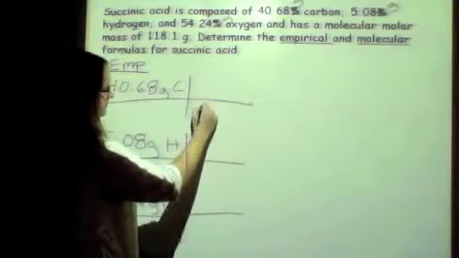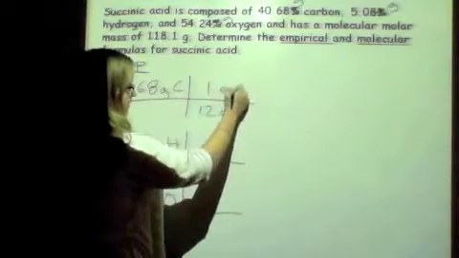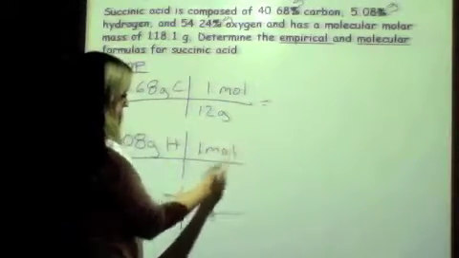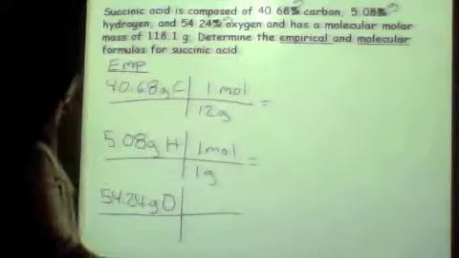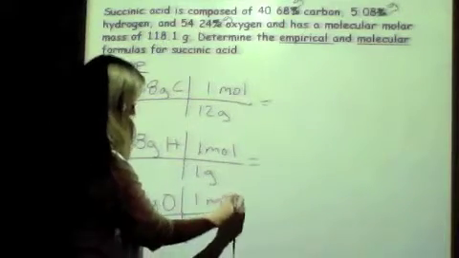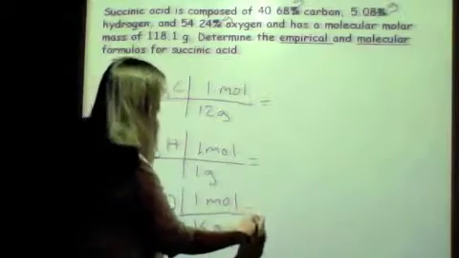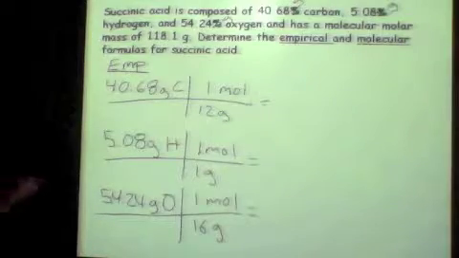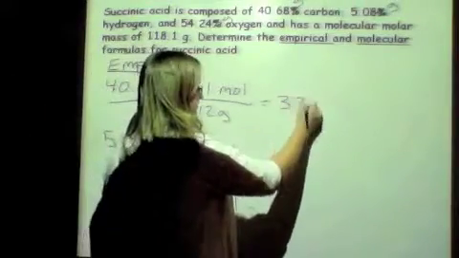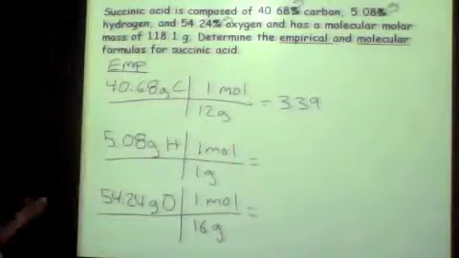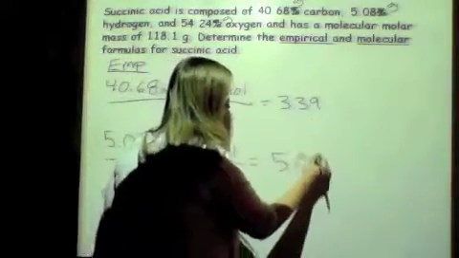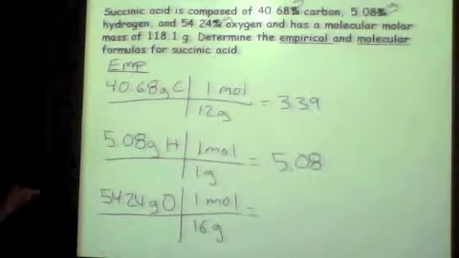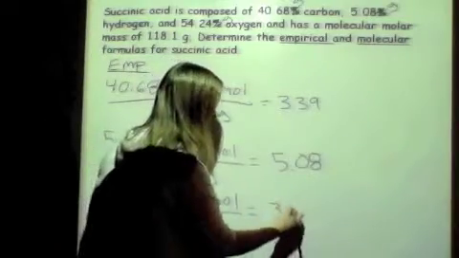So carbon is 12 grams per 1 mole. Hydrogen is easy. Oxygen. Carbon 3.39, hydrogen 5.08, oxygen 54.24 divided by 16, 3.39.